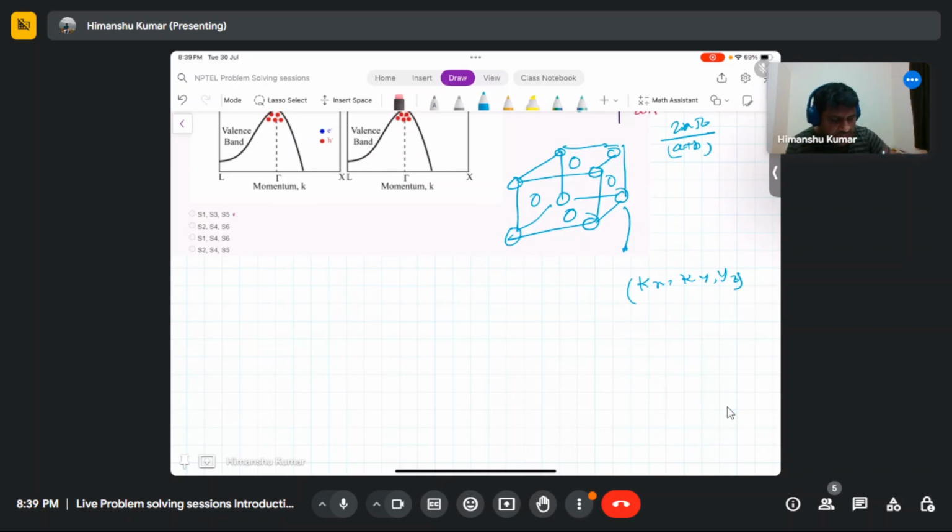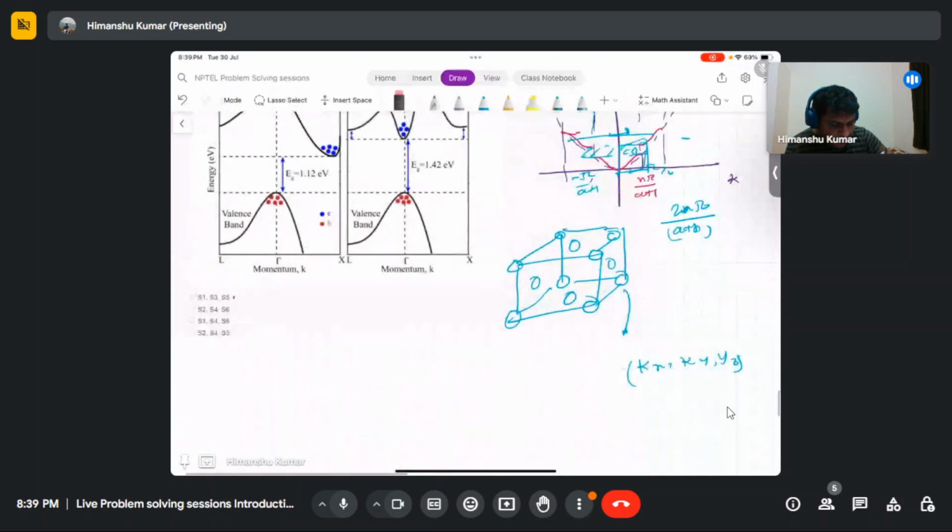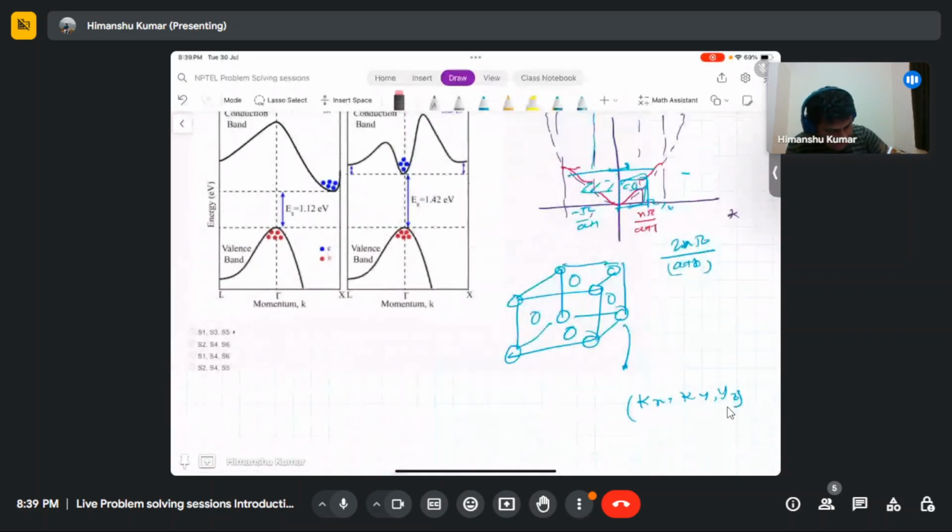These are the symmetric directions. So the K, gamma, and L values are those symmetry points. If you consider different symmetry directions, then the band structure will appear asymmetric.